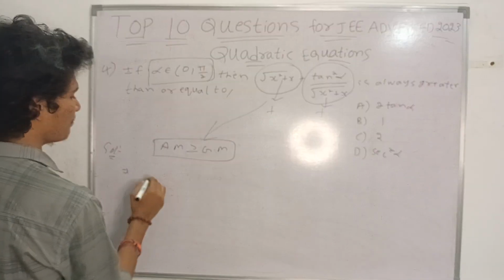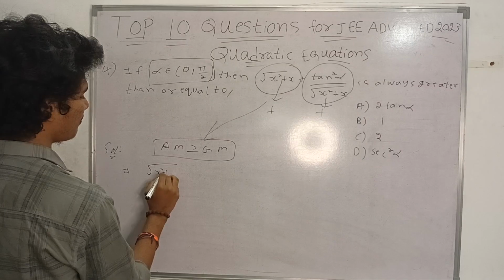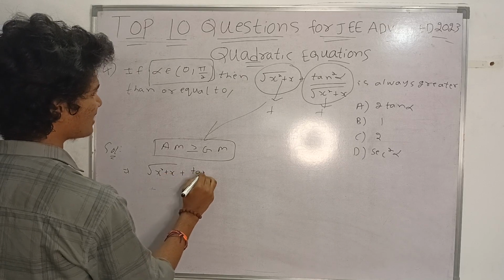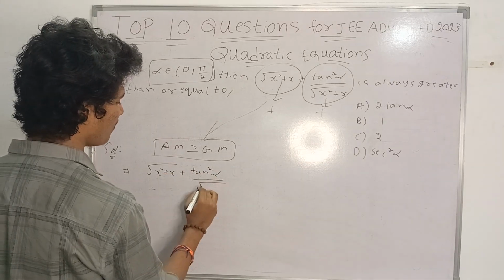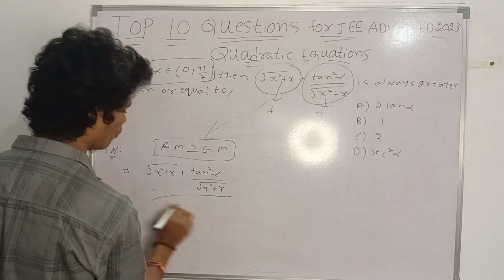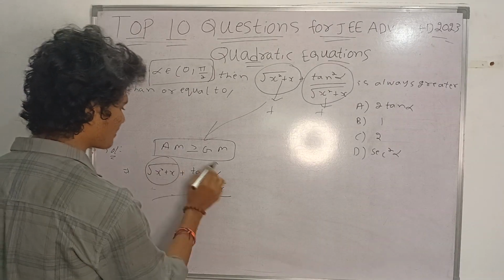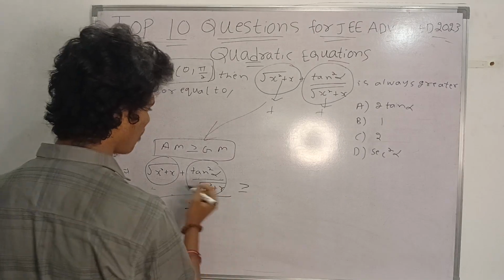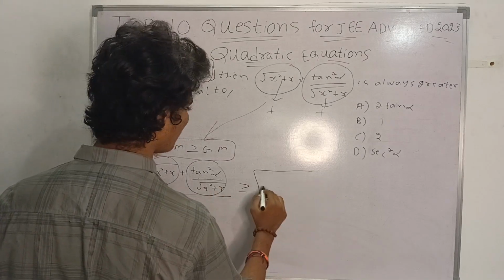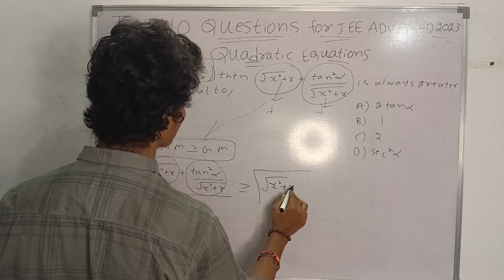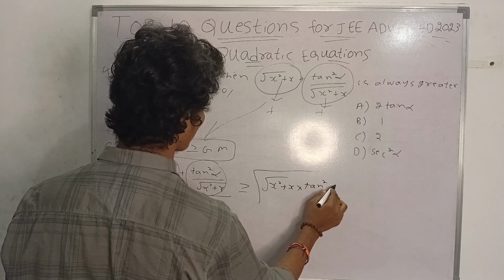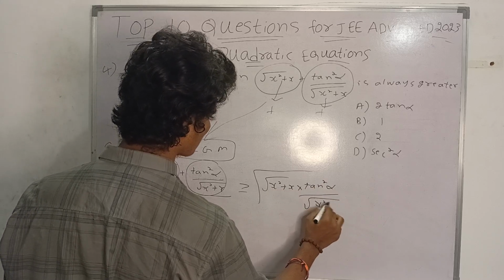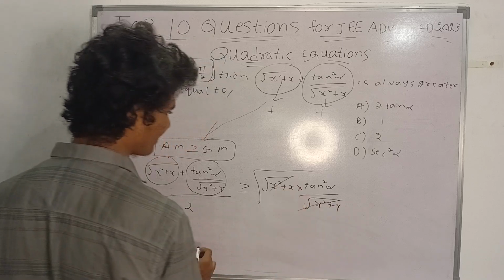What is the arithmetic mean? The sum, root of x square plus x plus tan square alpha divided by root of x square plus x, divided by 2. I am assuming this as the first term and this as the second term. I take the arithmetic mean. This is always greater than or equal to the geometric mean. What is the geometric mean? Simply root of x square plus x into tan square alpha divided by root of x square plus x. These two terms get cancelled.